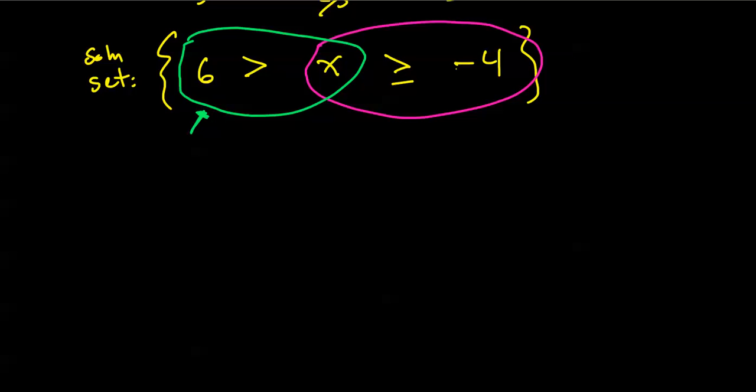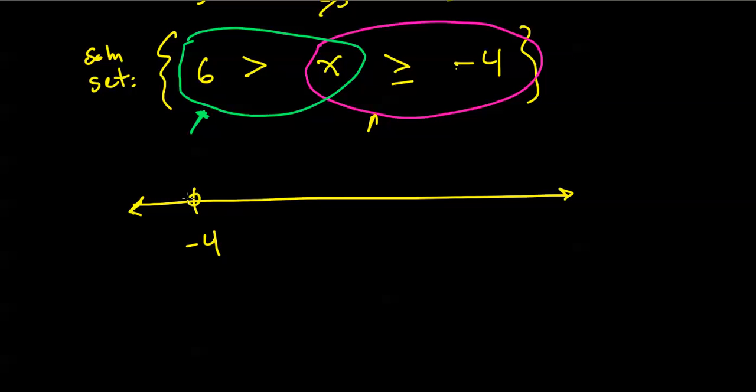So I can go ahead and graph this solution set on the number line. Well, greater than or equal to -4 indicates all numbers to the right of -4, including -4. Simultaneously, I want all x values that are less than 6. So everything to the right of -4 and to the left of +6.